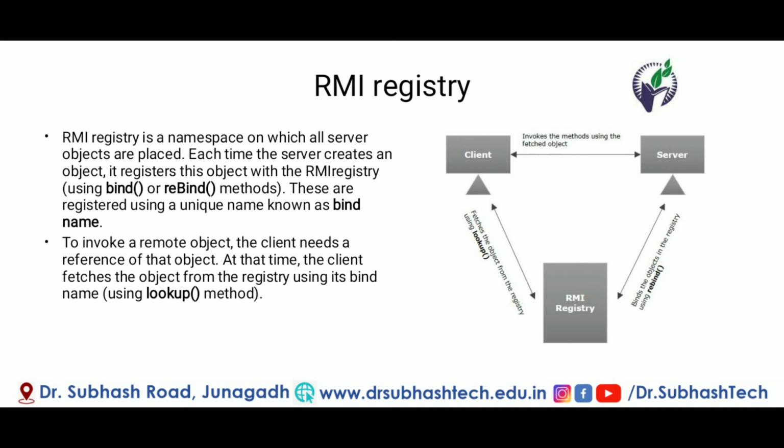This process is done via the RMI registry when the client and server communicate with each other using distributed computing. To invoke the remote object, clients need a reference to that object, and at that time the client fetches the object from the RMI registry using its bind name, or we can say the lookup method.